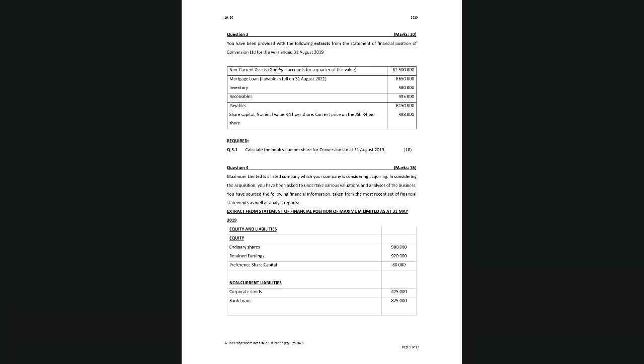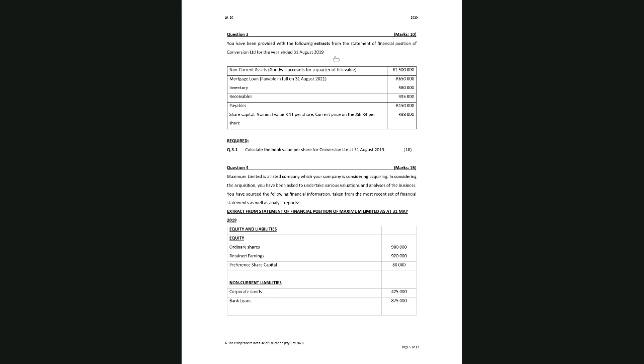Okay, so the only trick here is just read up about goodwill, what you must do about that. The mortgage loan, the date that it's due. Okay, so take note, we are doing this valuation for the year ended 31st of August 2019, which basically means at midnight on the 31st of August 2019, which will be the last minute of the year end of this company, what will the book value of the company be?